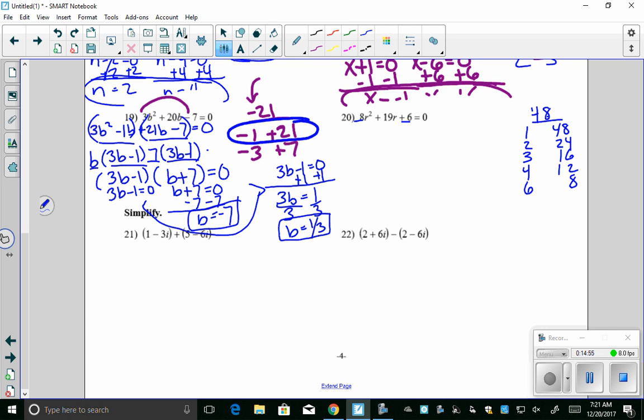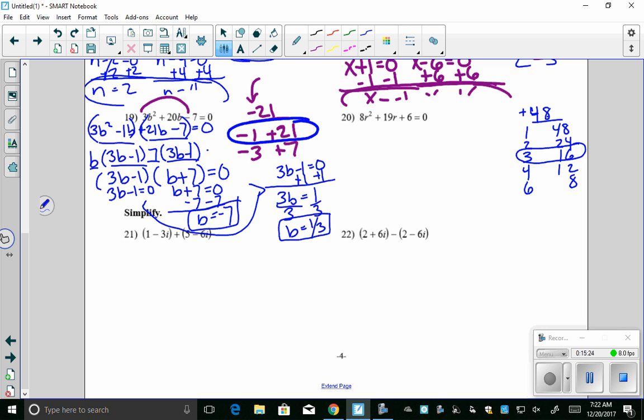Well, my number's positive. Because my c is positive, my signs are going to be the same. The signs take the sign of the middle number, so they're all going to be positive. So factors of 48 that will add to give me positive 19. And it looks like it's going to be 3 and 16.